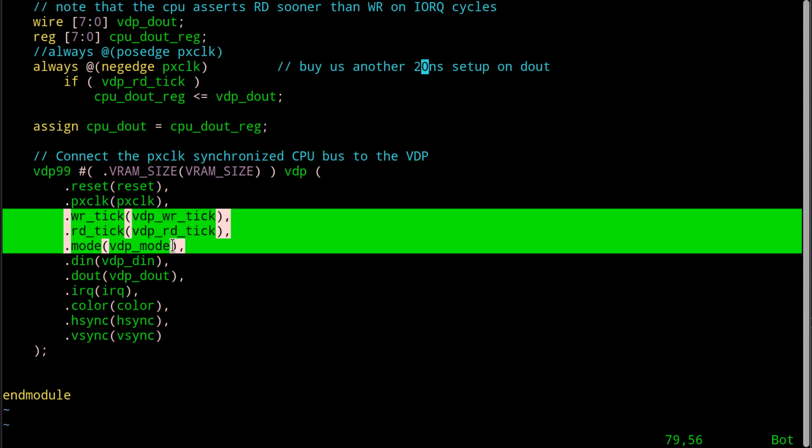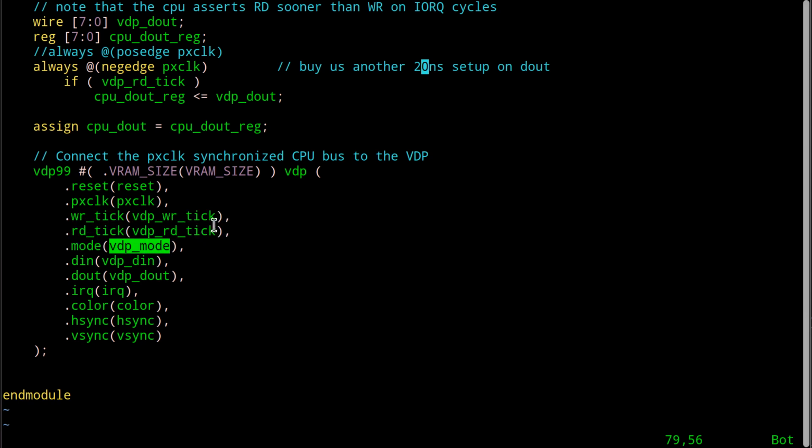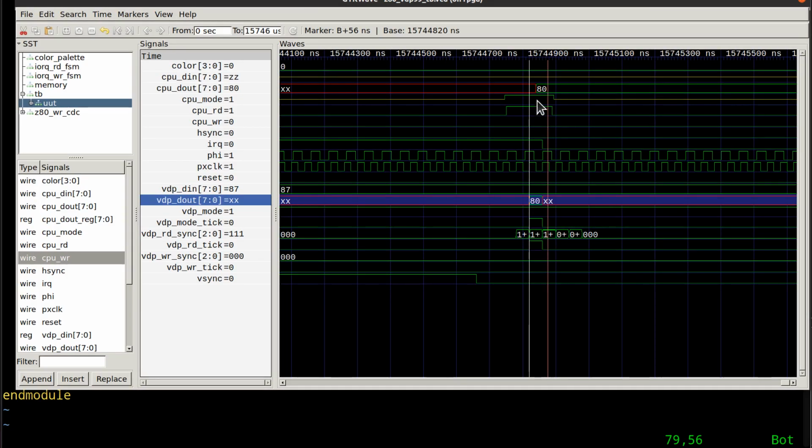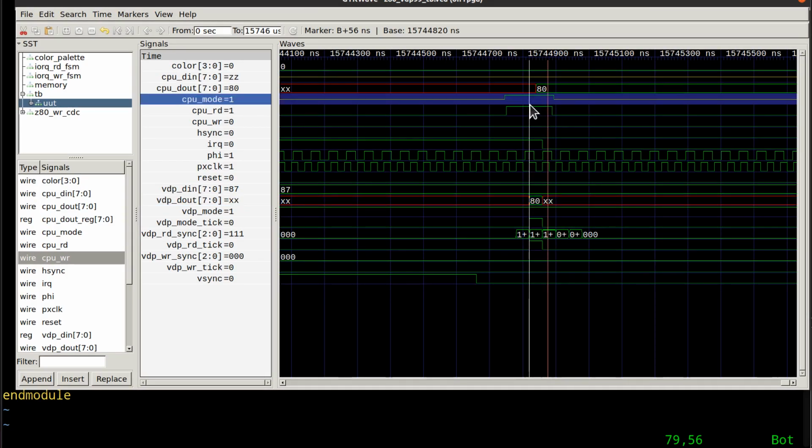We know that when you're in mode 1, you're reading the status register, which is why there's a mode right there. Mode 1 is set to 1. I want to read the status register. There's only one status register.